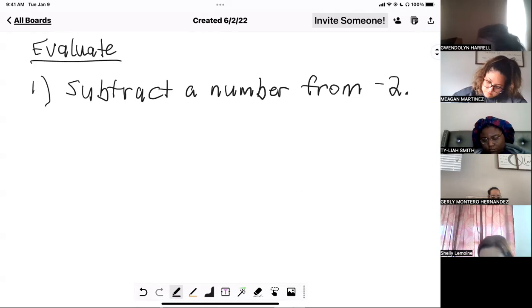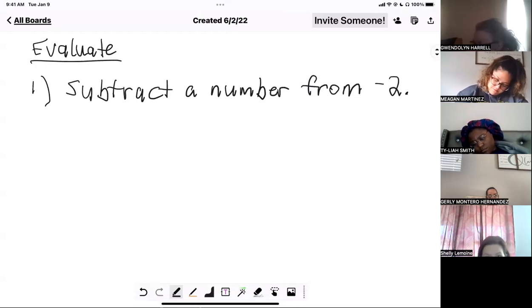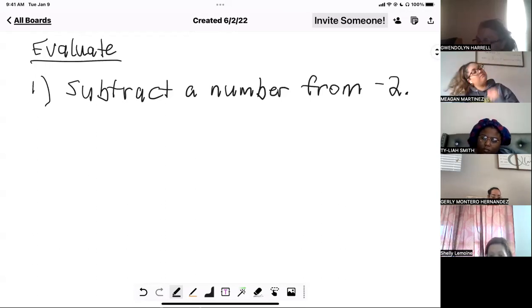And remember, when you see the words a number, you can use X or N or A or whatever. In MyLab, it might tell you what variable to use. But for us, we can just use X. Subtract a number from -2.